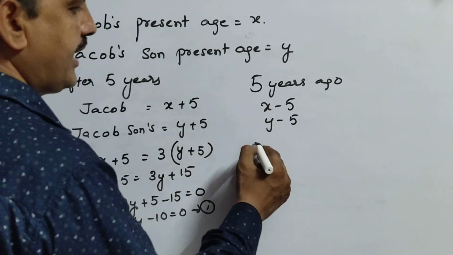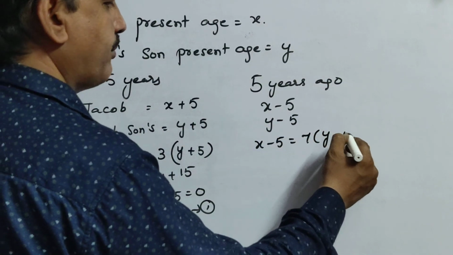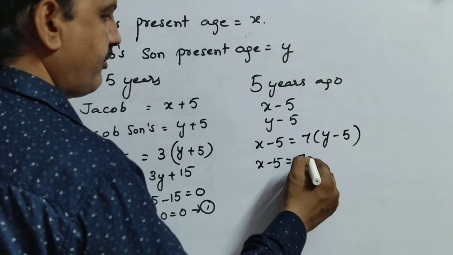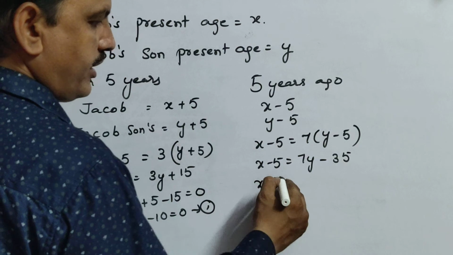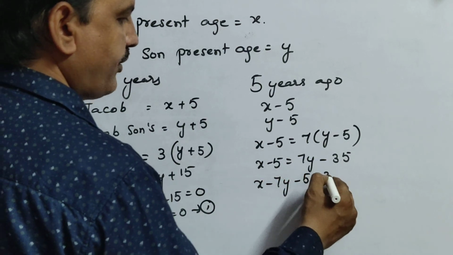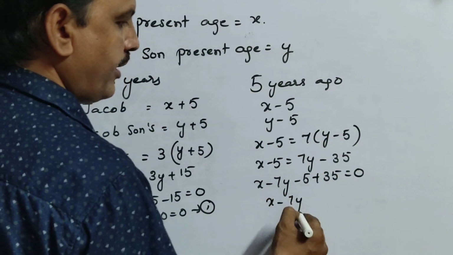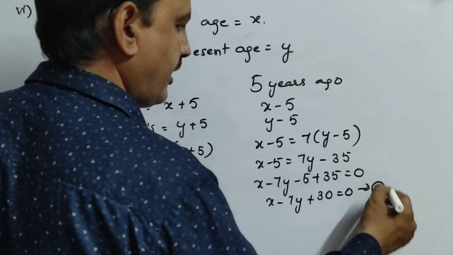That means x minus 5 equals 7 times y minus 5. So x minus 5 equals 7y minus 35. So x minus 7y minus 5 plus 35 equals 0. So x minus 7y plus 30 equals 0. So this is the second equation.